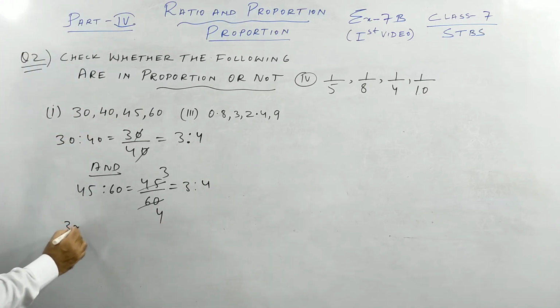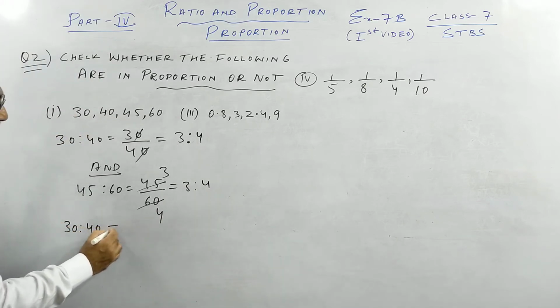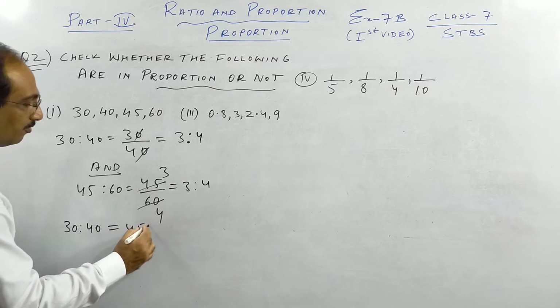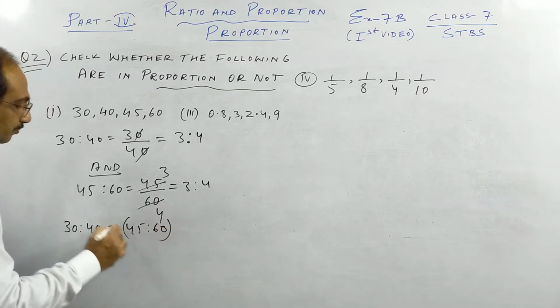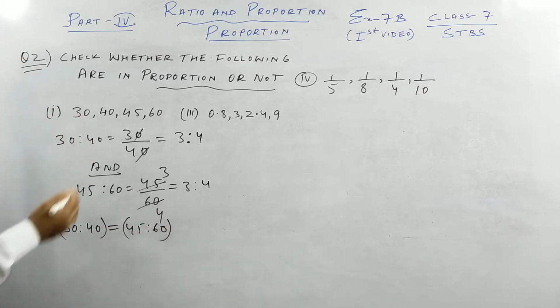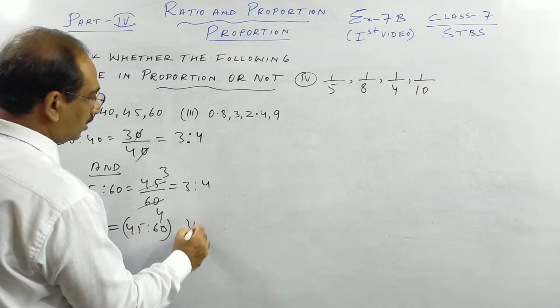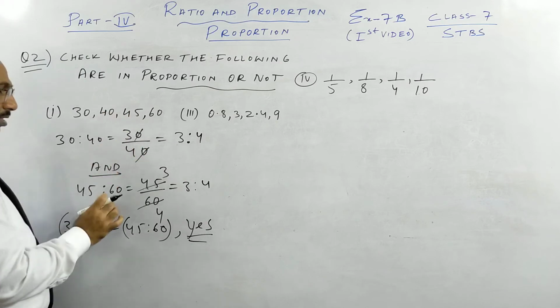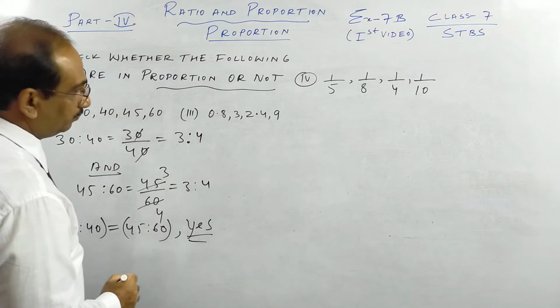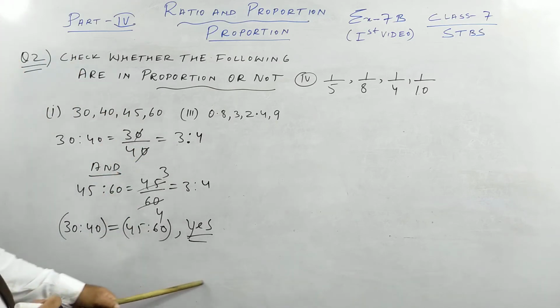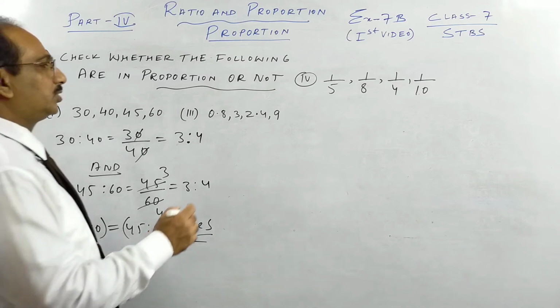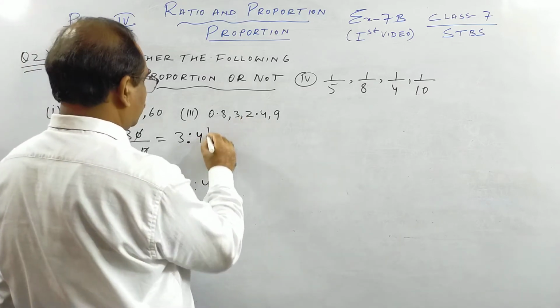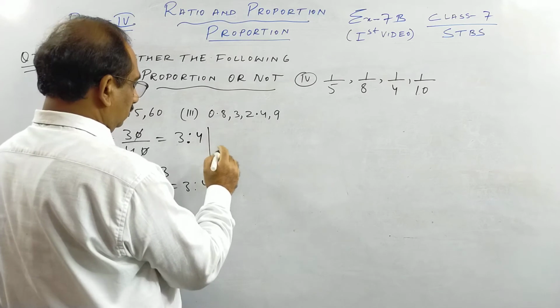Therefore 30 is to 40 is equal to 45 is to 60. So whether they are in proportion or not, yes, these two ratios are in proportion. You can write these two ratios are in proportion. So next we go to question 3.